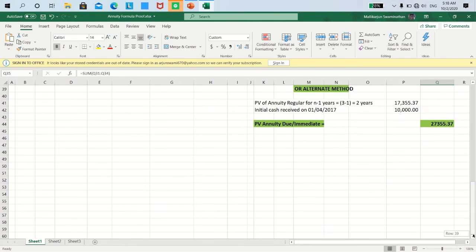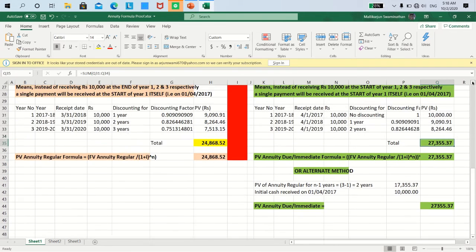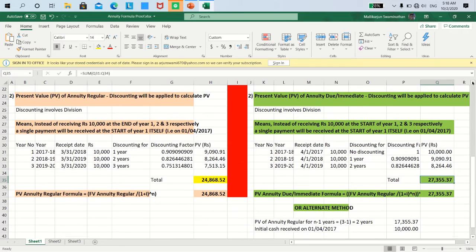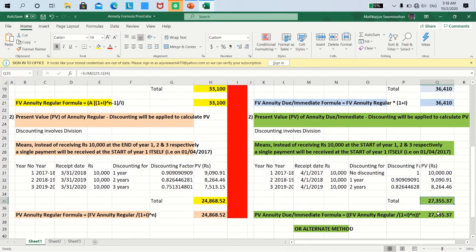Whereas applying the shortcut method, we get the answer as 27,355.37 in column Q, row 37, highlighted in green color. And the formula was PV annuity due or immediate is equal to FV annuity regular divided by (1 plus i) whole power n, multiplied by 1 plus i.